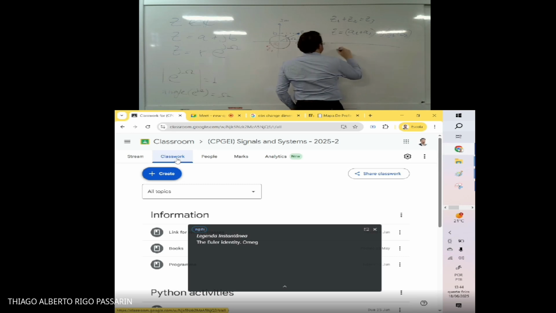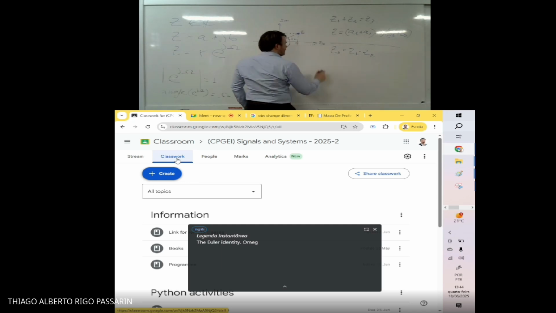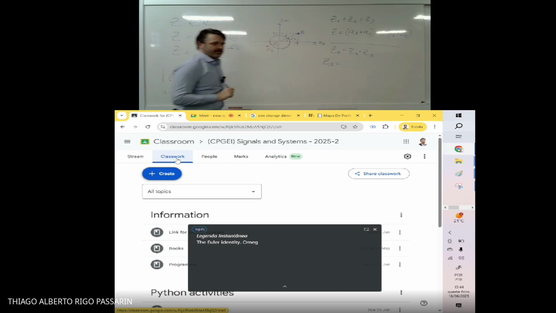Then, if I have some Z3 that equals Z1 times Z2, are you still using this representation, or should things be easier here? Both are correct, we know, but where are things easier? Polar representation. So what happens to the radius of Z3?